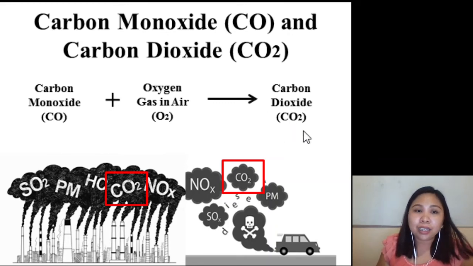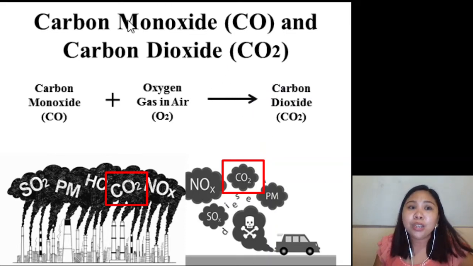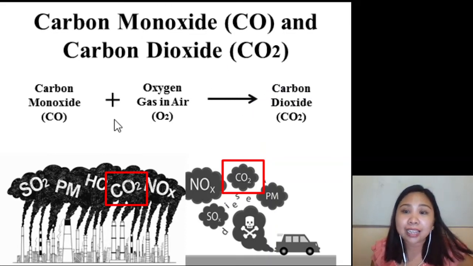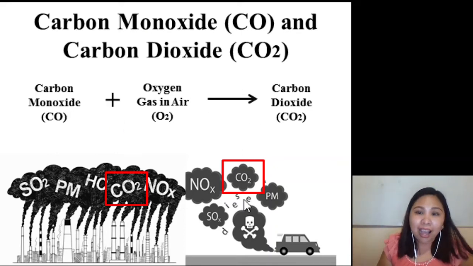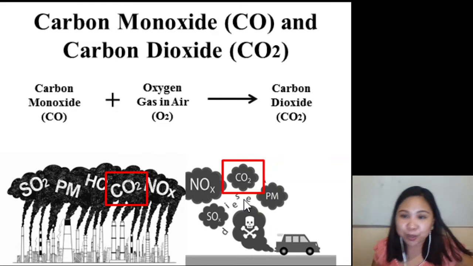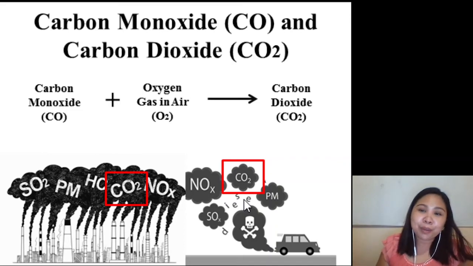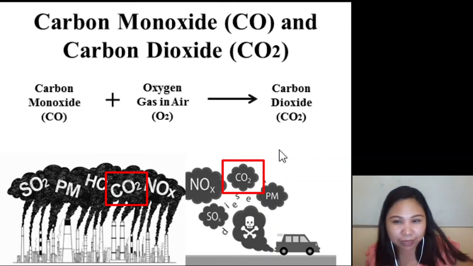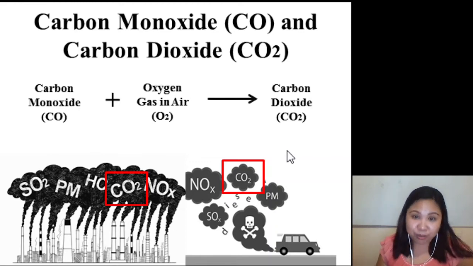Ayan, so this is the resulting pollutant kapag yung carbon monoxide ay nag-react sa oxygen. Okay? So again, the higher the carbon dioxide in the atmosphere, okay, it is becoming hotter. Okay, so kapag wala ng punong mag-absorb nitong carbon dioxide, our earth will become warmer and warmer.